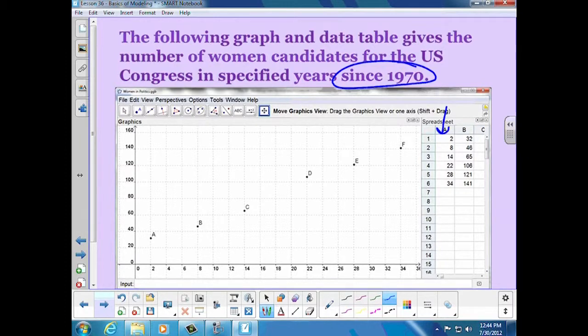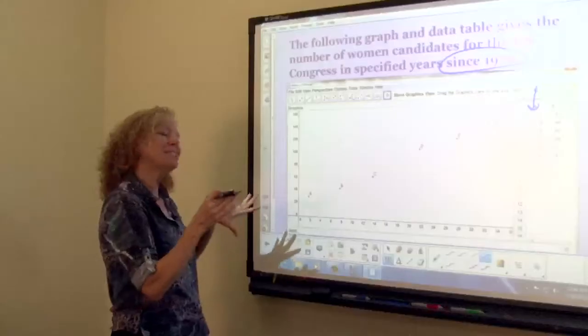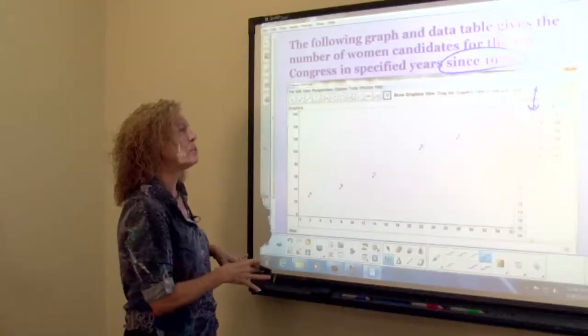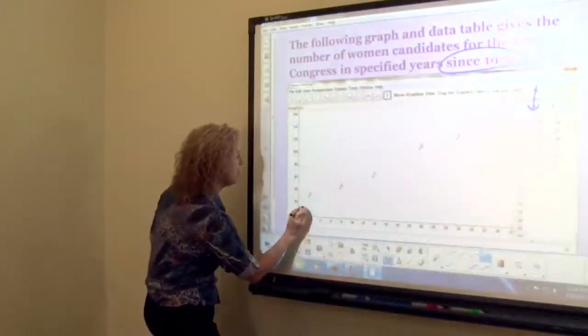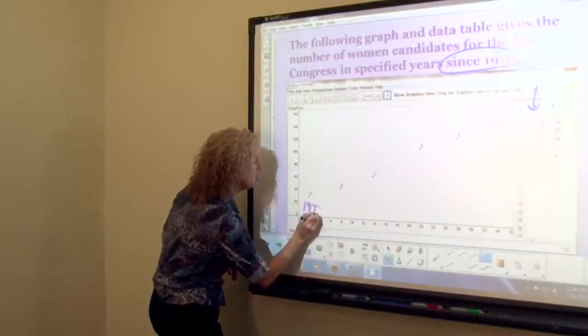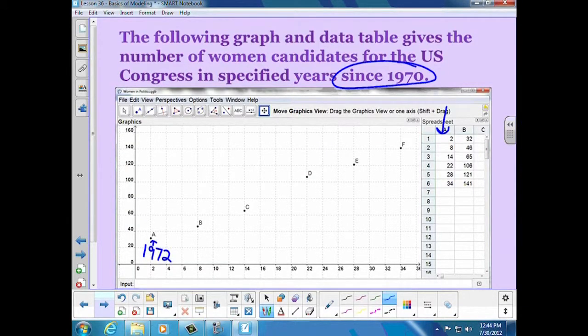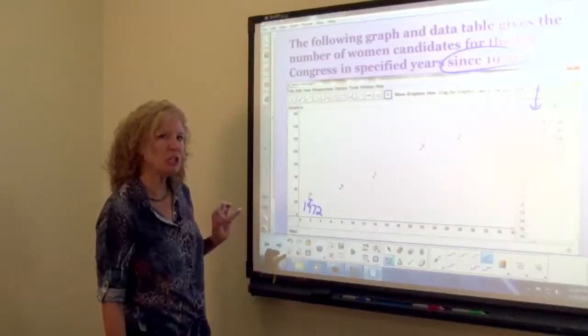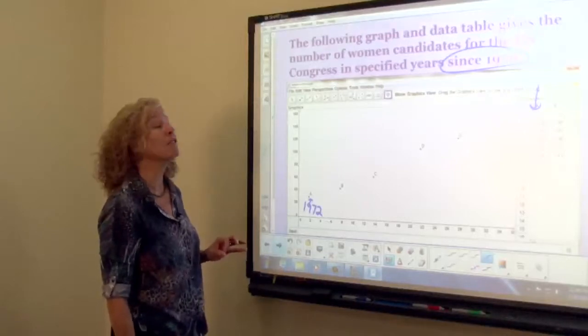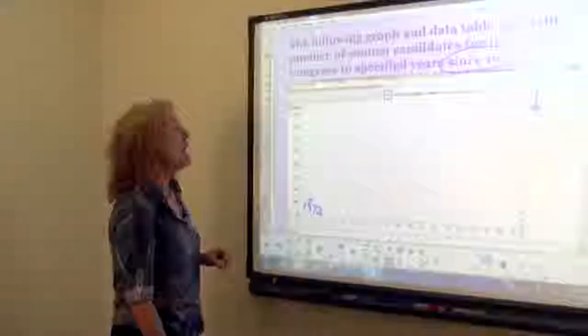If the x value is 2, that means it's 2 years since 1970. So this would be in essence 1972. That's this a value is 1972. Okay? But it's sitting at the point 2, 32. So in 1972, there were 32 female candidates for the U.S. Congress.